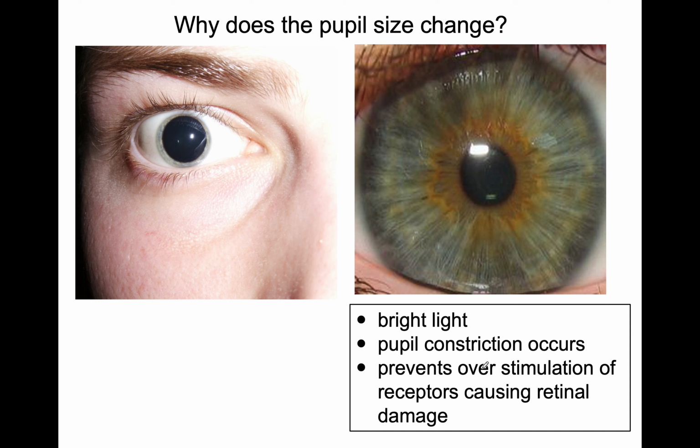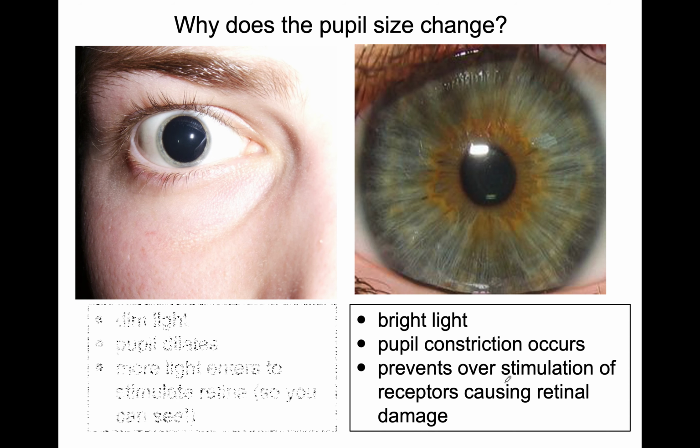Okay, so here we can see that the pupil is constricted under bright light. That prevents overstimulation of the receptors, which could potentially cause damage to the retina, damage of those tissues that we mentioned earlier on.